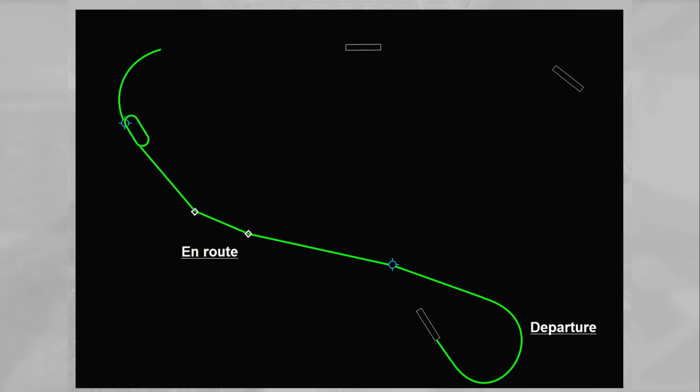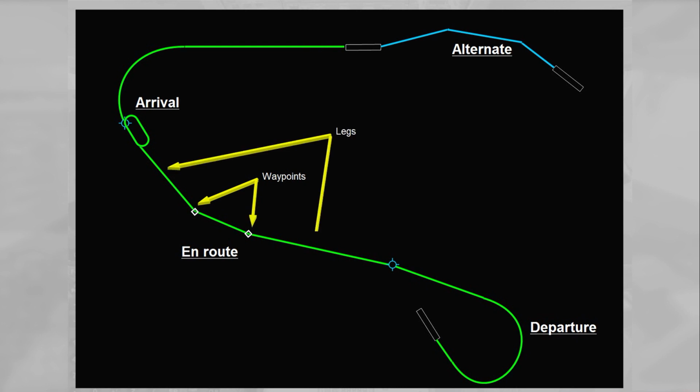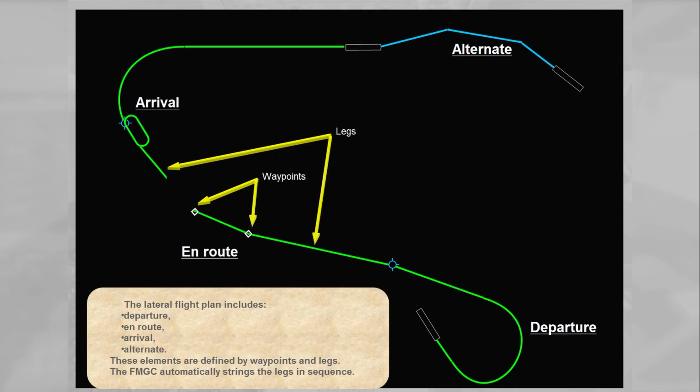The lateral flight plan includes departure, en route, arrival, alternate. These elements are defined by waypoints and legs. The FMGC automatically strings the legs in sequence.